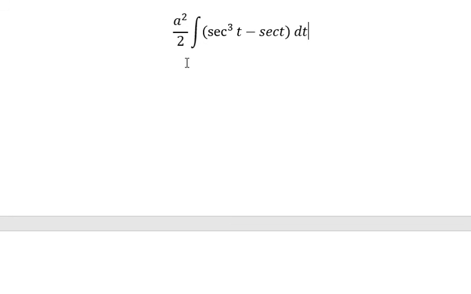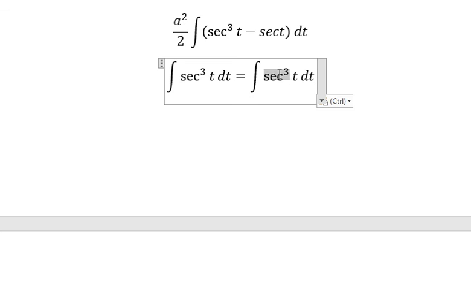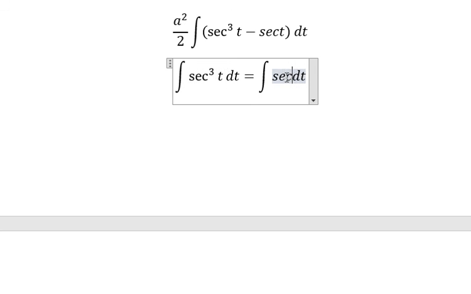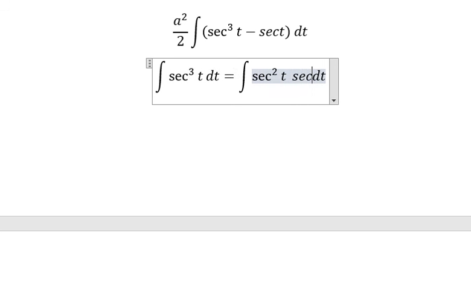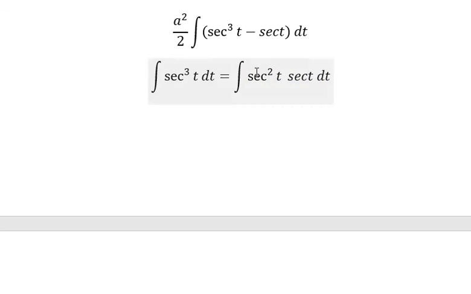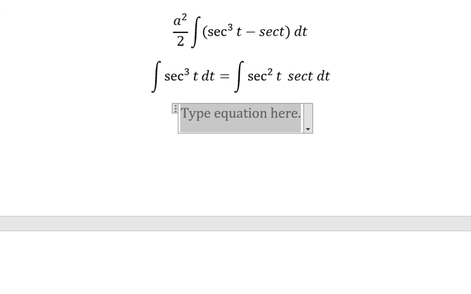Now I will concentrate on the integration of secant of t to the power of 3. This one we can write as secant of t square multiplied by secant of t. So we can use integration by parts.